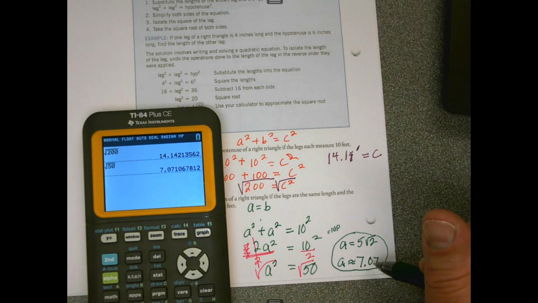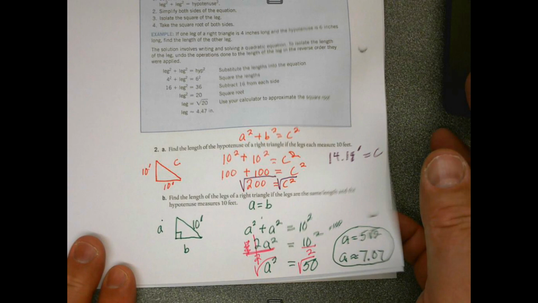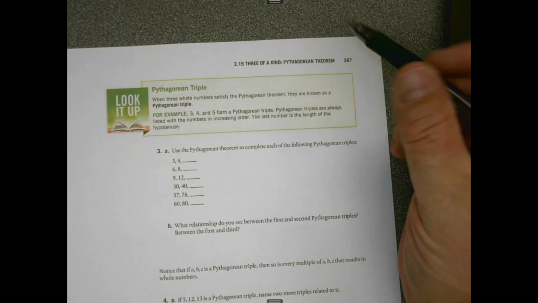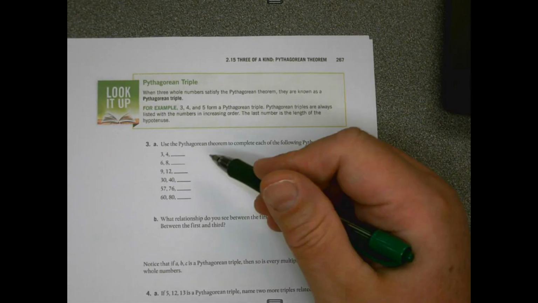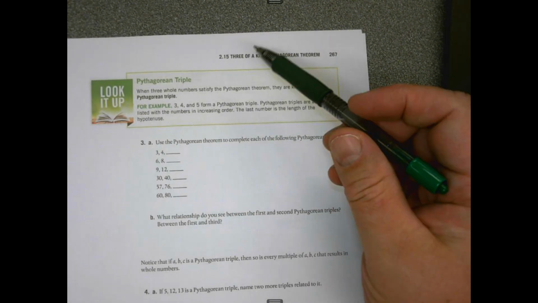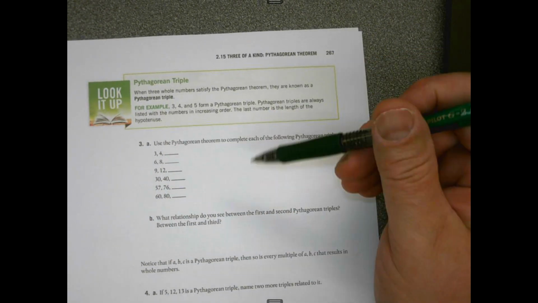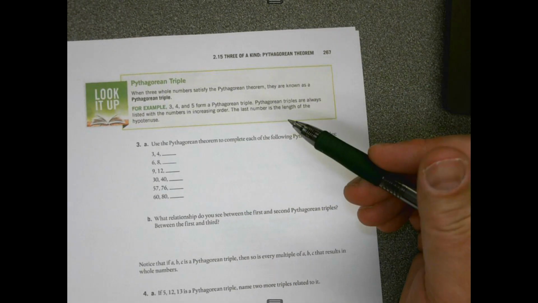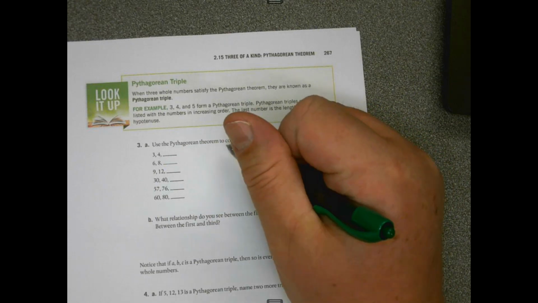All right, Pythagorean triples. What this means is we end up with whole numbers instead of this whole decimal thing. And there are some Pythagorean triples here. The first one's easy. If I have a right triangle, it's called a 3, 4, and my hypotenuse ends up being 5.